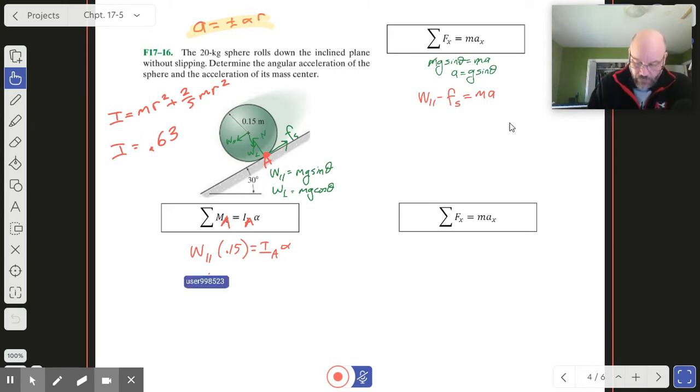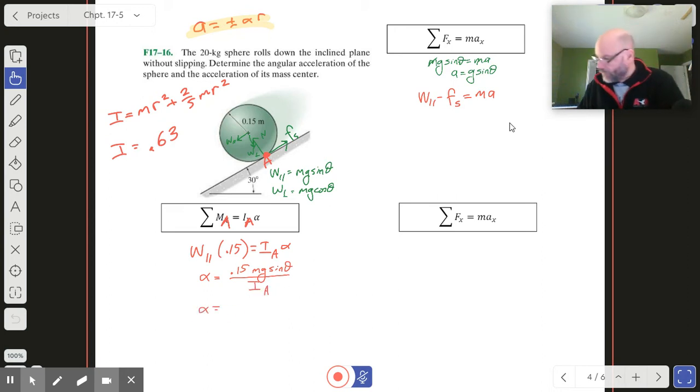So if we do a little bit of algebra here, we're going to get 0.15 mg sine theta, because that's what our parallel component of the weight is, divided by I_A. And then when you run the numbers on that, plug in, what you're going to get is 23.36 radians per second squared, like so.